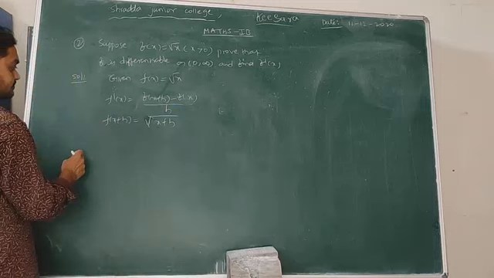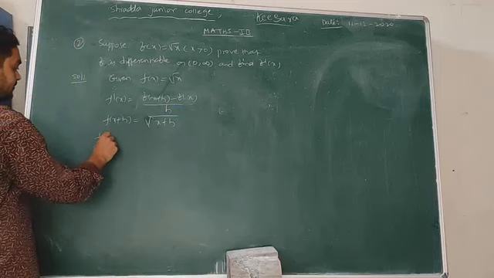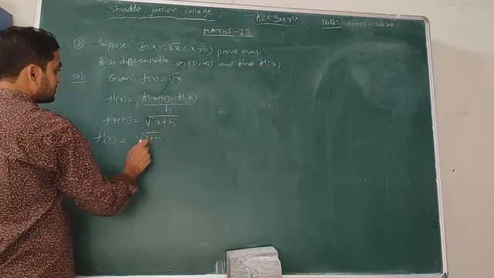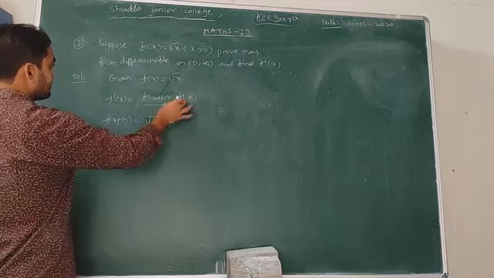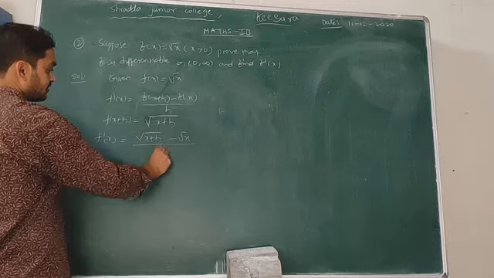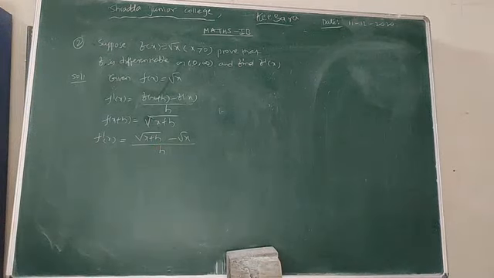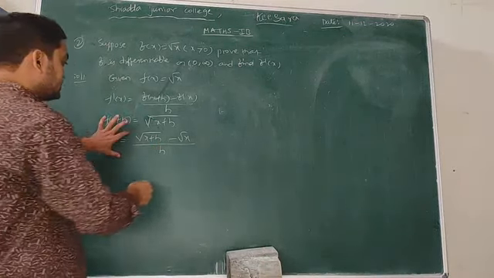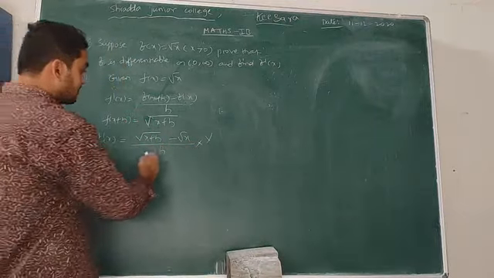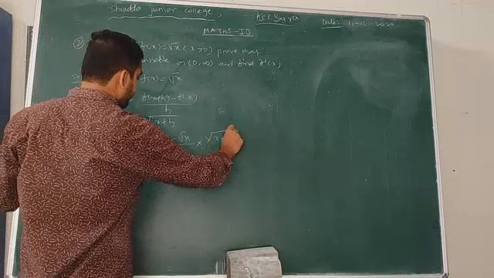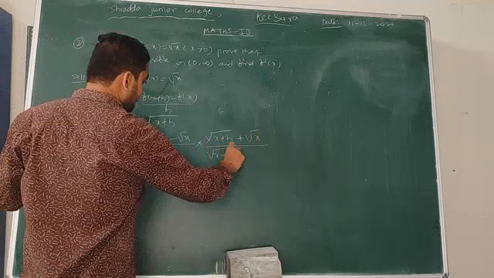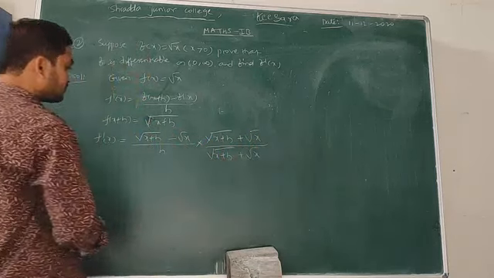So now see here, f dash of x equals f of x plus h, that is root of x plus h, minus f of x, that is root x, by h. Now here see, rationalizing the above expression: root of x plus h plus root x by root of x plus h plus root x.